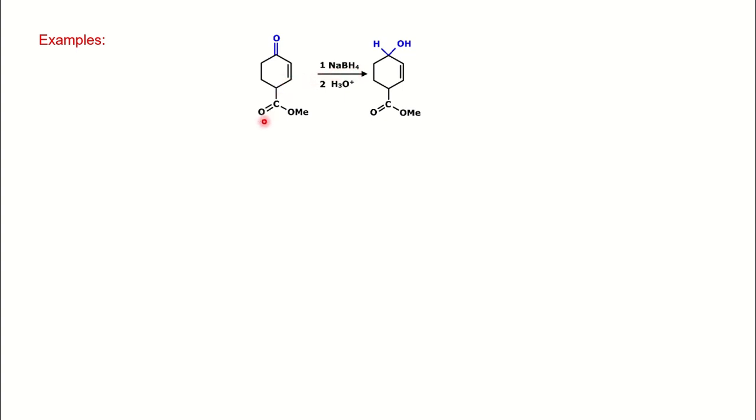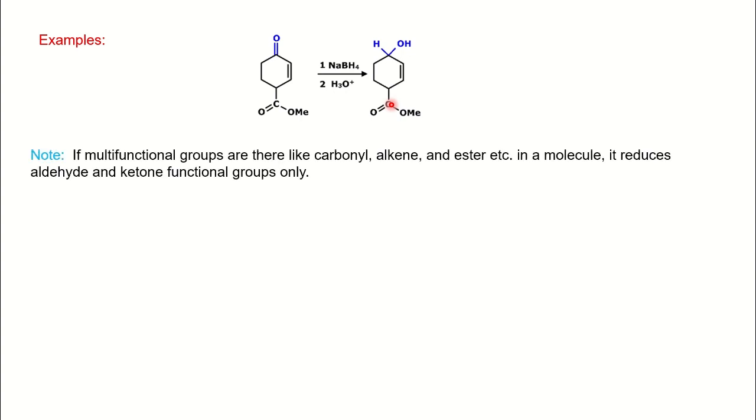It means that in the presence of other functional groups, you can selectively reduce only one functional group. So in the presence of sodium borohydride, the double bond and the ester group will be untouched, unreactive, and it will reduce only the carbonyl to the alcohol. So you can selectively reduce the carbonyl group. You can see the same statement mentioned here.